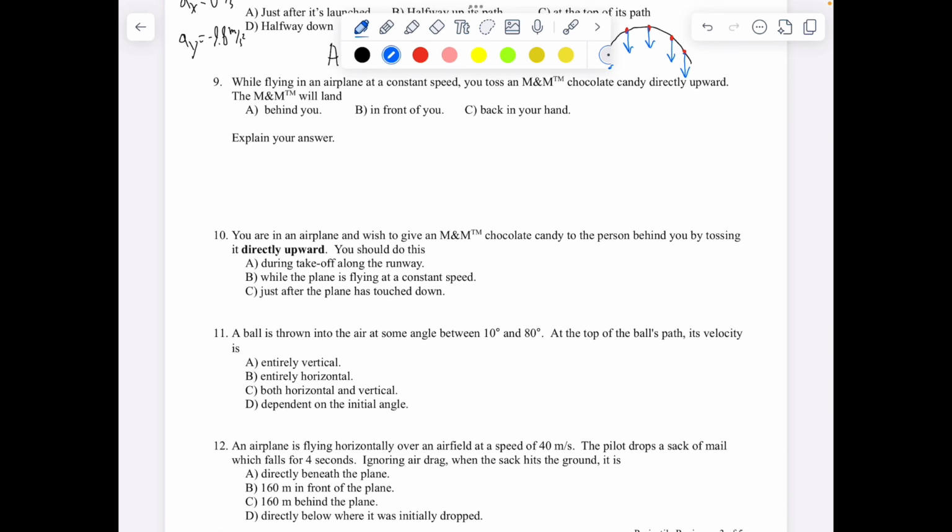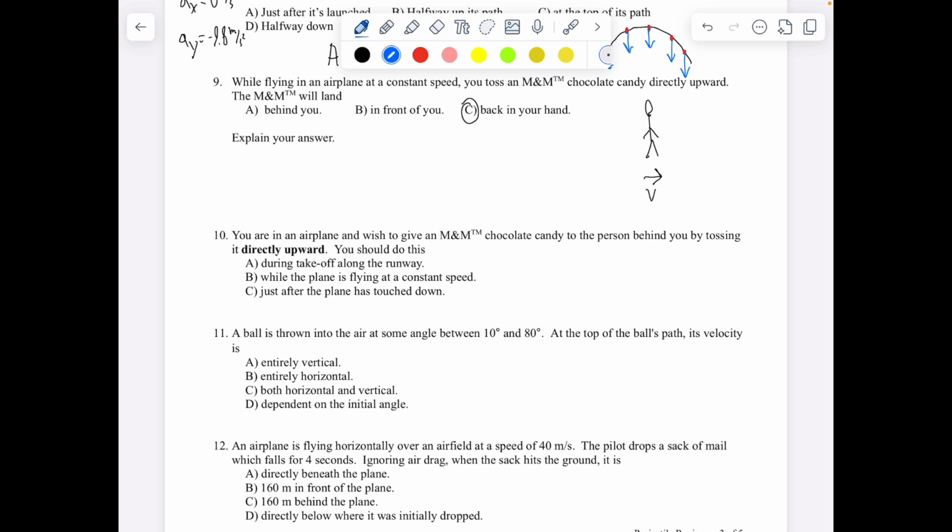Number 9, while flying in an airplane at a constant speed, you toss an M&M chocolate candy, yelling directly upward. The M&M will land. So here, we're flying in an airplane at a constant speed, toss an M&M candy upward. It is going to land right back in your hand. The reason being, well, you, as a person on the plane, you are traveling to the right with some velocity.